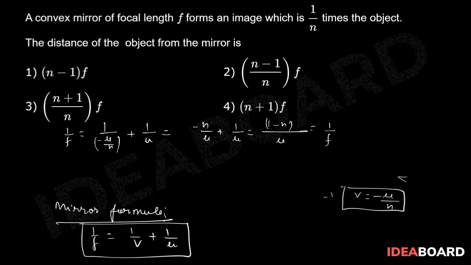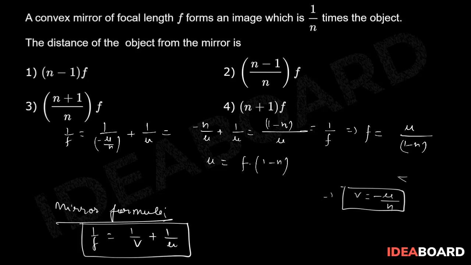So from there I want to calculate the value of u. So f is equal to, reciprocal, u upon 1 minus n, or u can be found out, that is going to be f into 1 minus n, right?